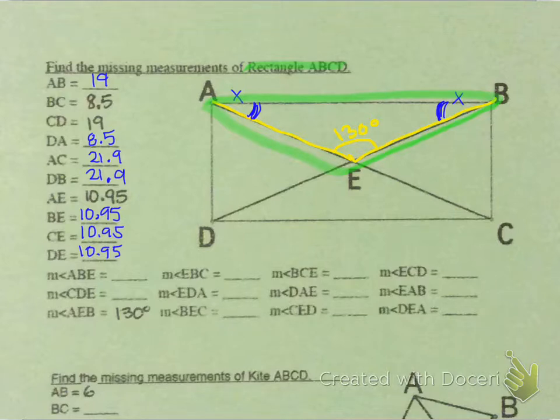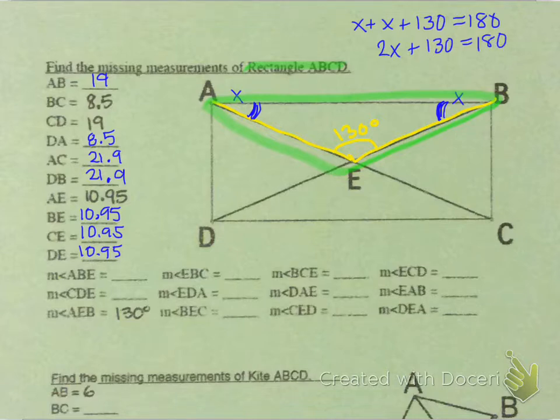So x plus x plus 130 equals 180, so 2x plus 130 equals 180. I subtract, I get 2x equals 50, and then x equals 25. So both of those angles are 25.